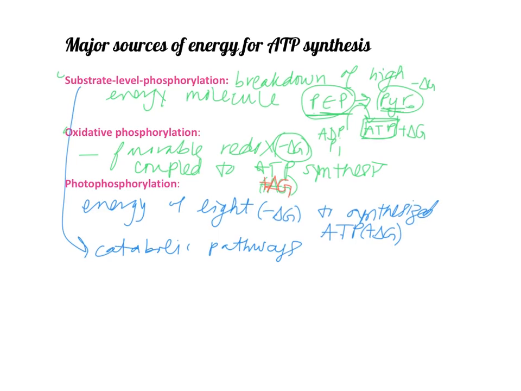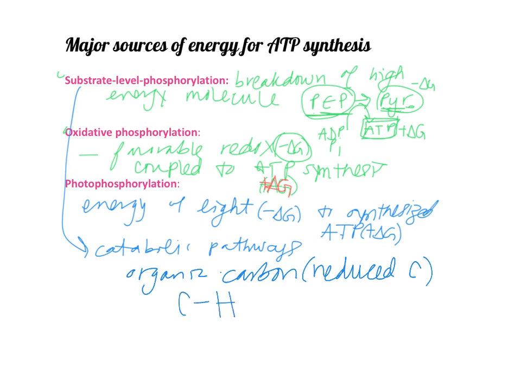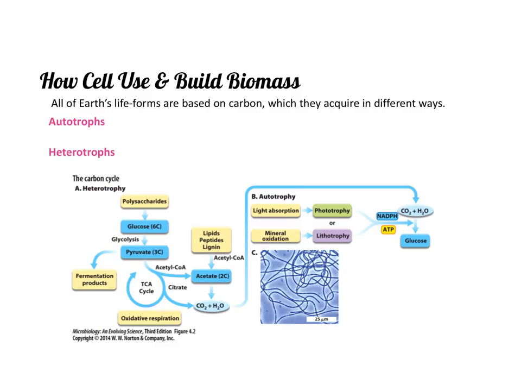So in the catabolic pathways, we're going to be talking about breaking down organic carbon, or reduced carbon, which always has a CH bond, into oxidized carbon, which is a CO bond. Okay, and the breakdown of organic carbon into inorganic carbon is heterotrophy.